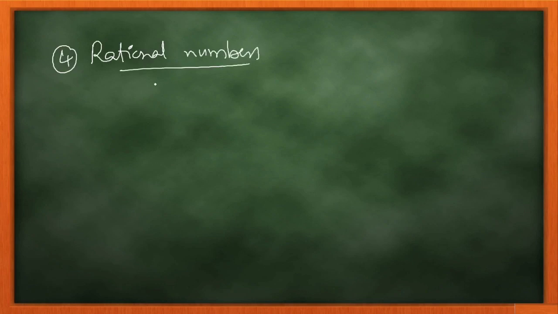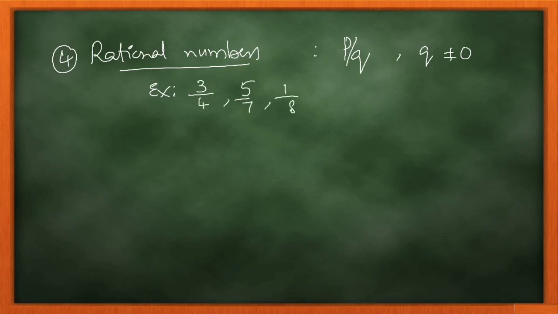The next type of numbers are rational numbers. Rational numbers are written in the form of p by q, where q is not equal to 0, like 3 by 4, 5 by 7, 1 by 8.